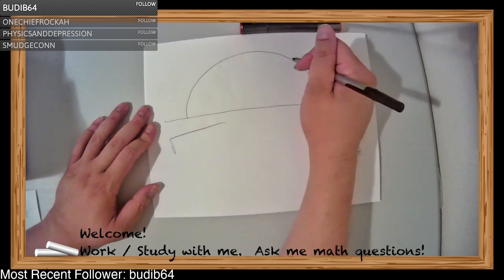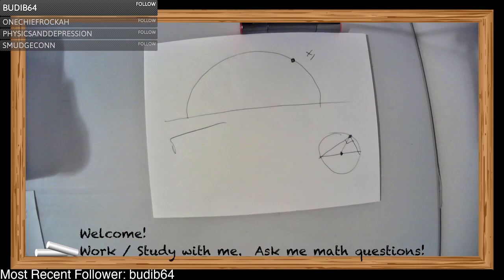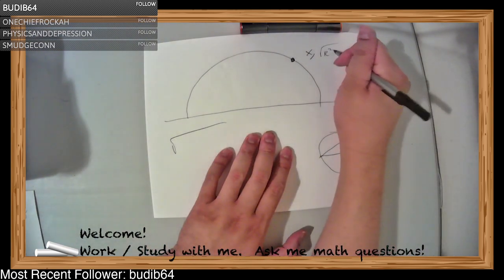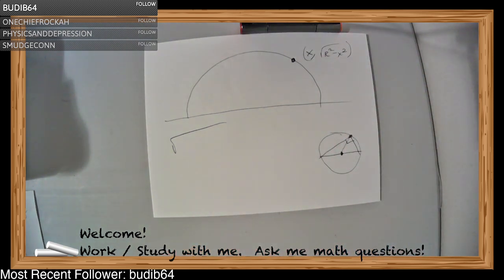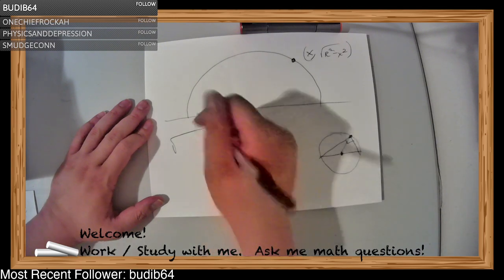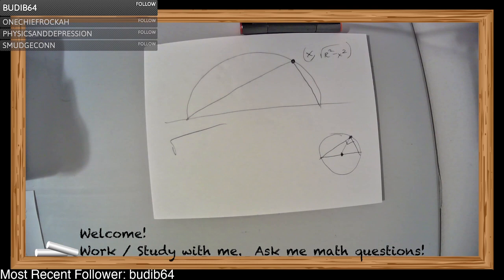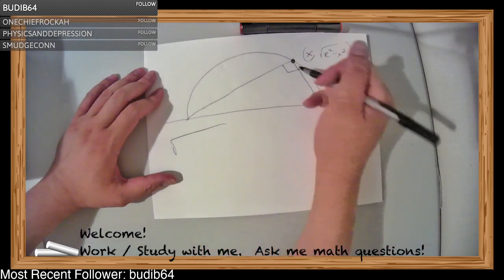So this point here again is x comma square root of r squared minus x squared. Technically I can say all circles are similar, so we can make r 1, but let's just leave it at that. We're going to show that this angle here is a right angle.